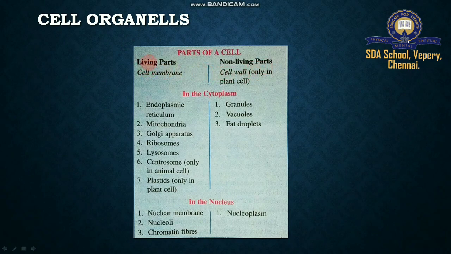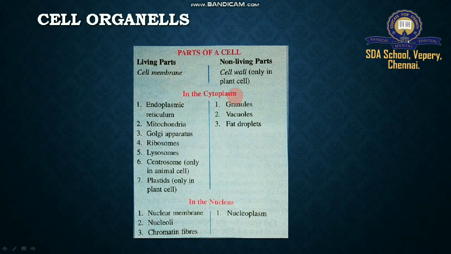The living part is called the cell membrane. The non-living part is called the cell wall, present only in the plant cell. The animal cell has no cell wall, but is completely covered by the cell membrane, its limiting layer.